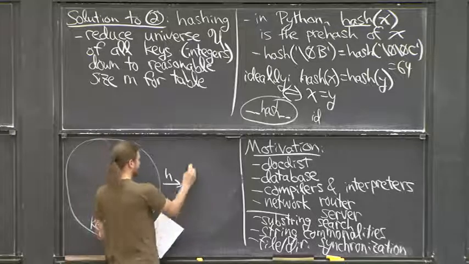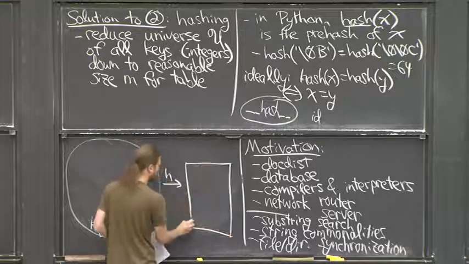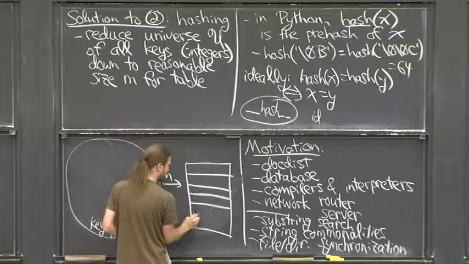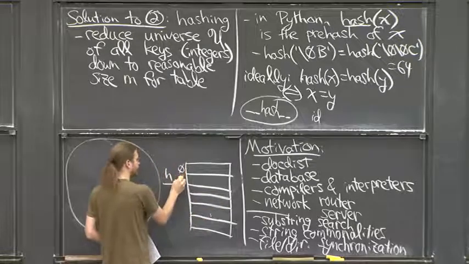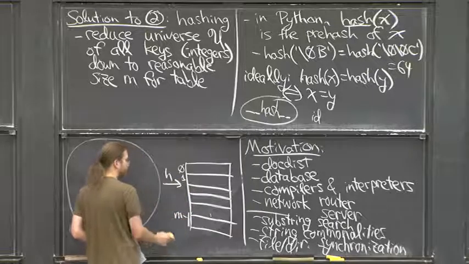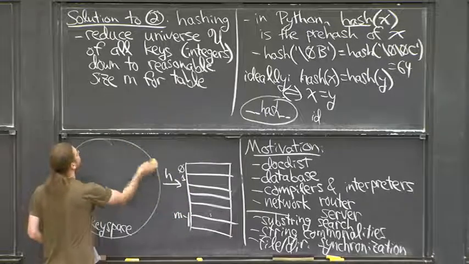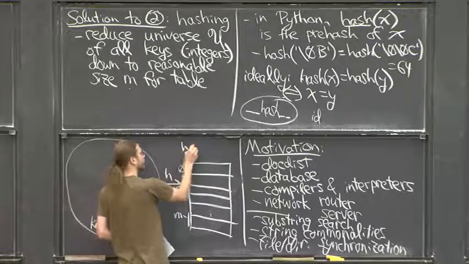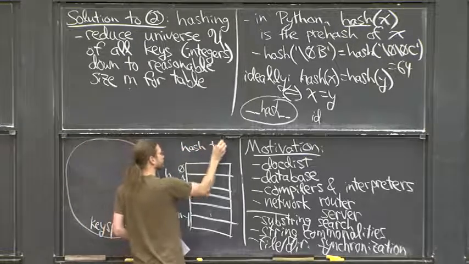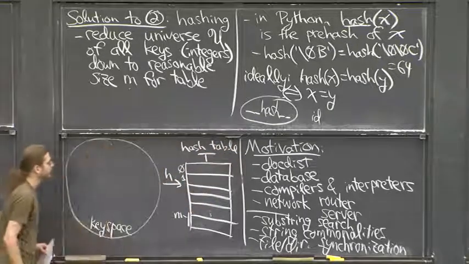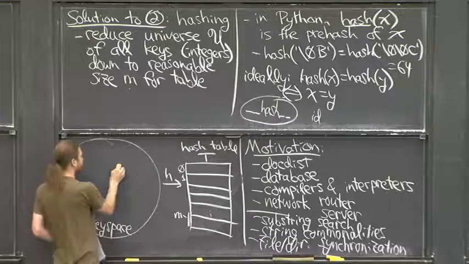How do I want to draw this? Like an array. So we're going to have possible values 0 up to m minus 1. M is a new thing. This is going to be the size of our hash table. This is called a hash table. We'll call it T also. And we'd somehow like to map.